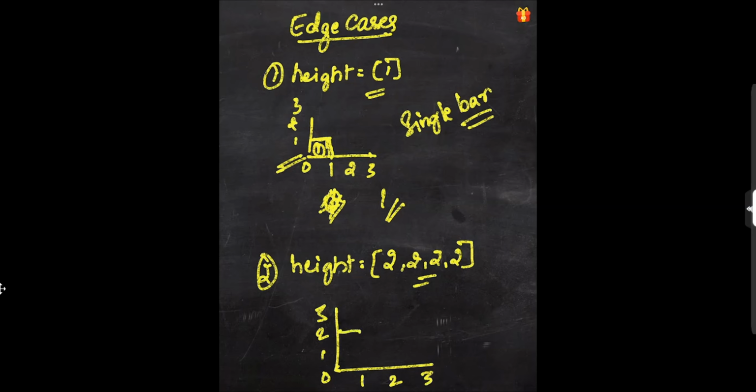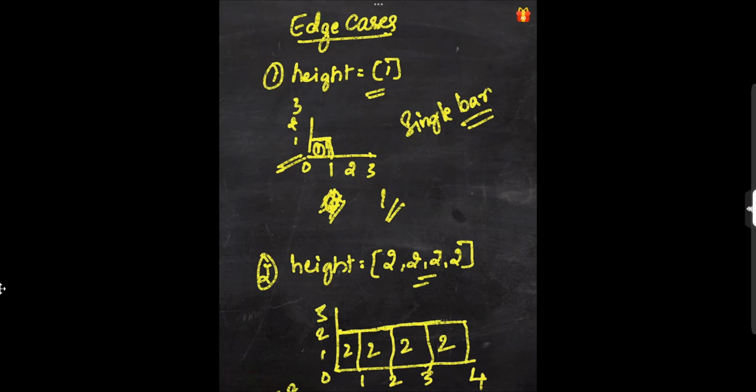Every bar has the same height. The width for each bar is 1, as they have given in the question. This is of height 2, 2, 2 and 2. So the output will be 8 here.